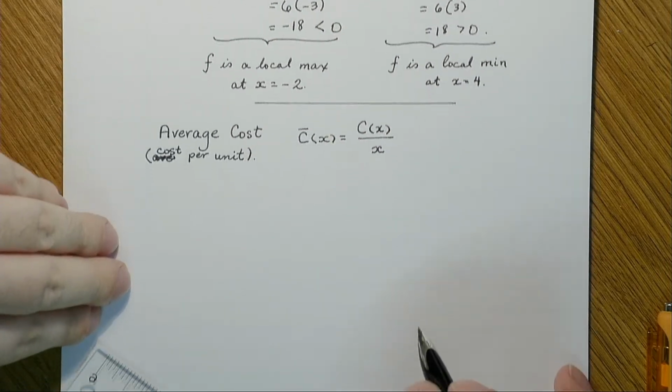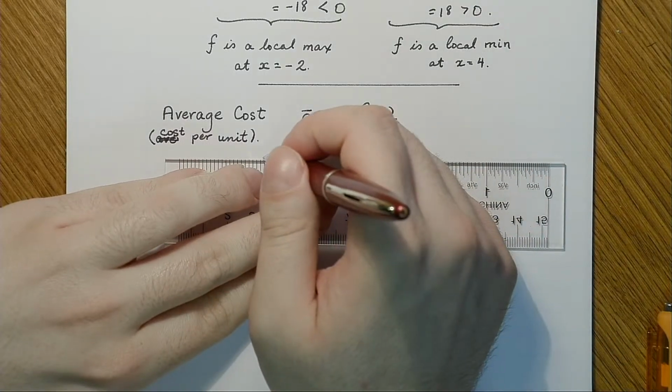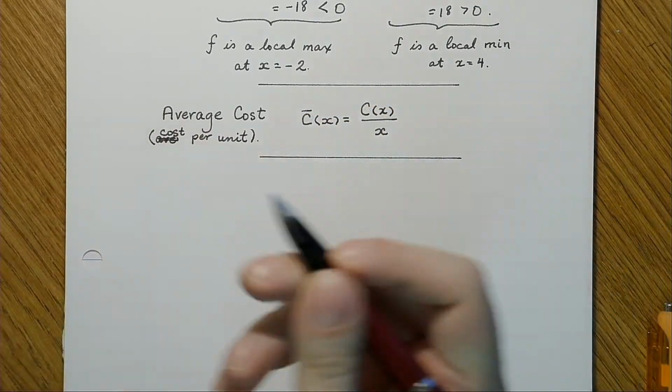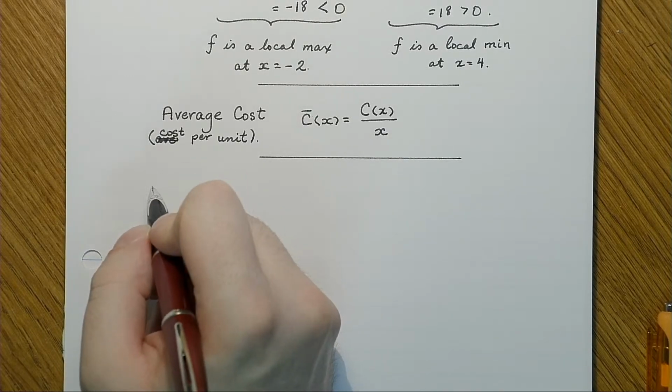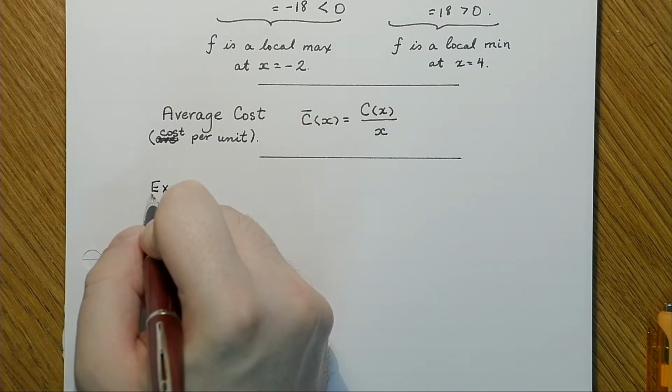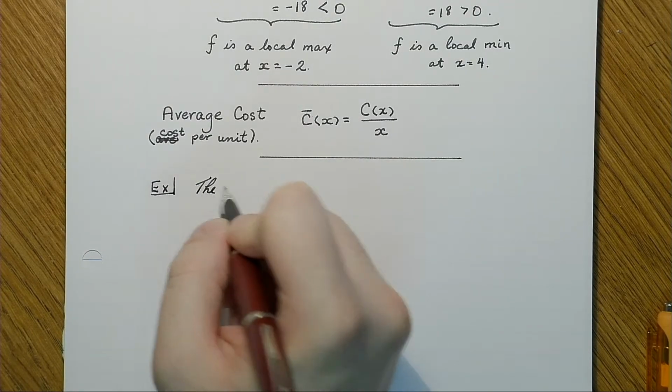So what are we going to do now? This is just an economics term, because we're going to do an example where we look at the average cost of a manufacturing good.